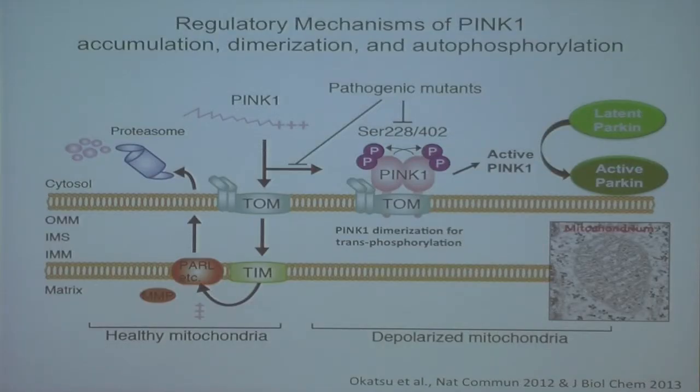Let me just summarize their function. We studied PINK1 and Parkin. PINK1 is usually degraded, therefore we couldn't detect it, in normal mitochondria. Normal means high energy production in the mitochondria.